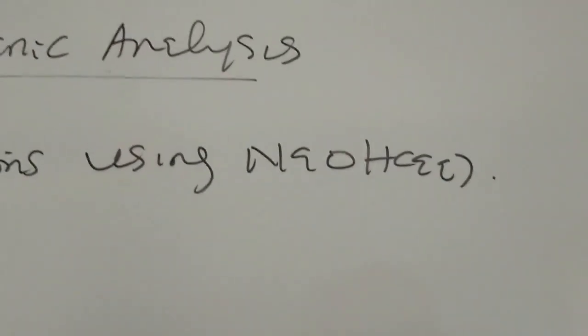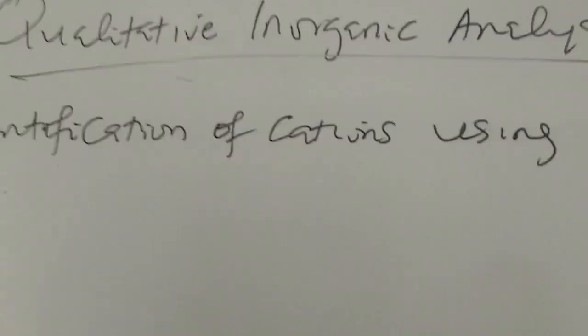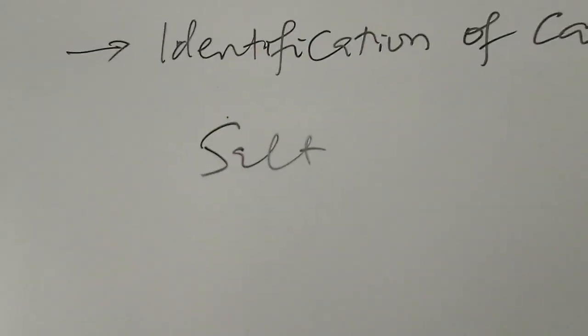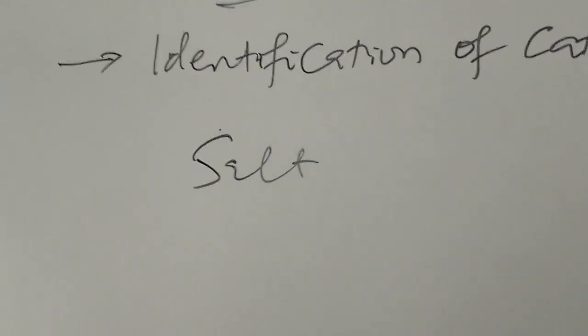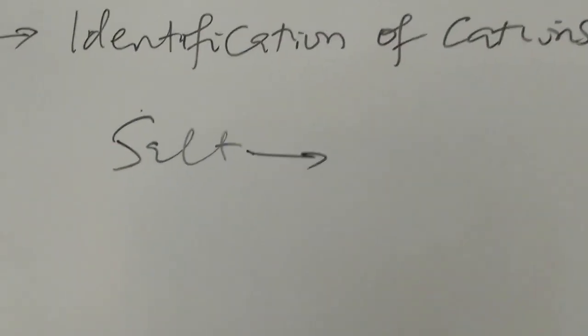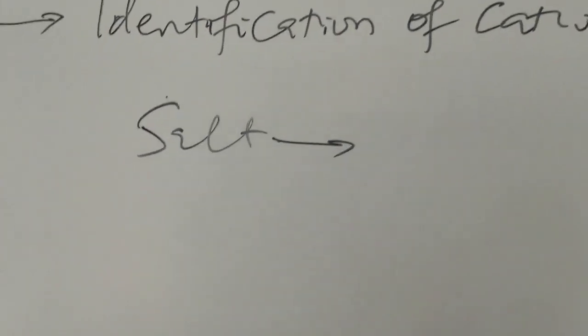Before we introduce the word cation, we know that a salt is a chemical substance which is formed from an acid when the replaceable or ionizable hydrogen ions in the acid are replaced by a cation. We have a salt produced. A simple or normal salt contains a cation and an anion.